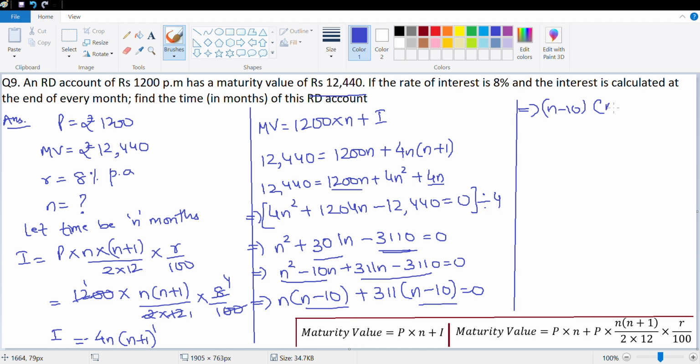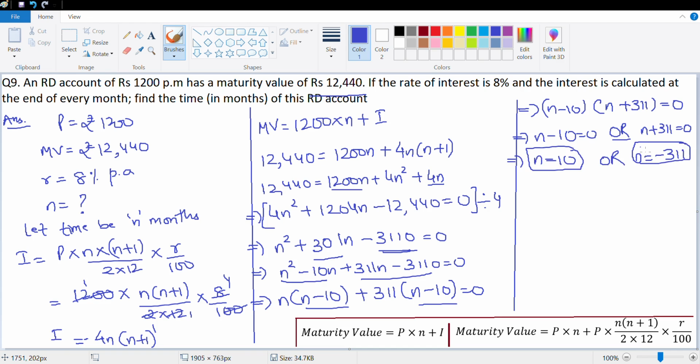I get n minus 10 times n plus 311 is equal to 0, which means n minus 10 is equal to 0 or n plus 311 is equal to 0, which means n is equal to 10 or n is equal to negative 311. Now n is time, so since time can't be negative, therefore n is equal to 10 months.